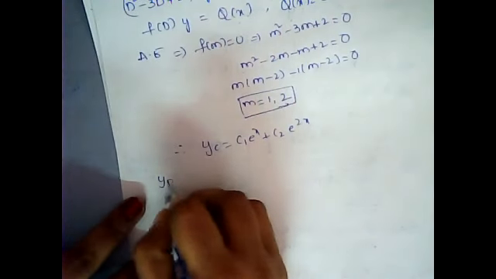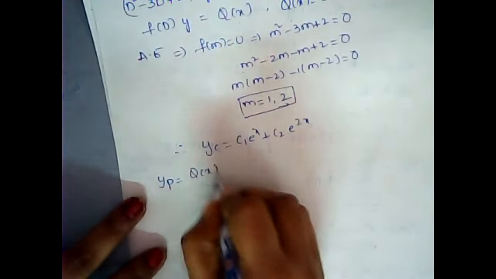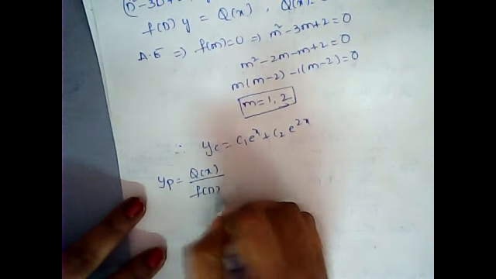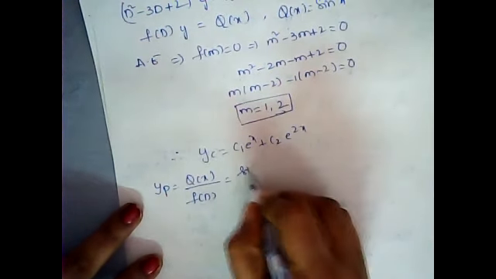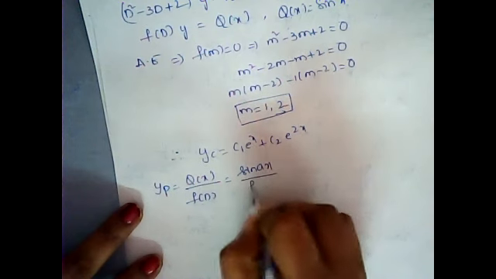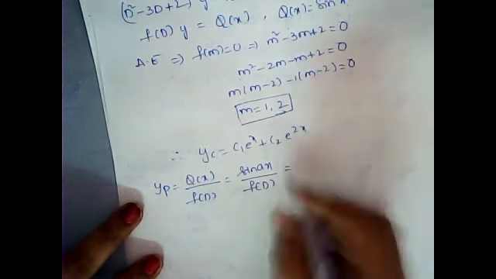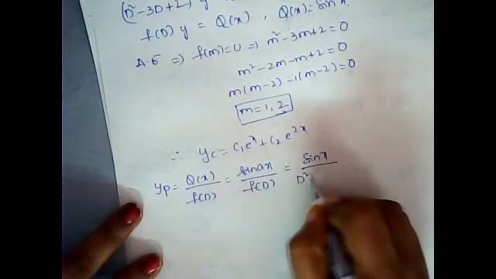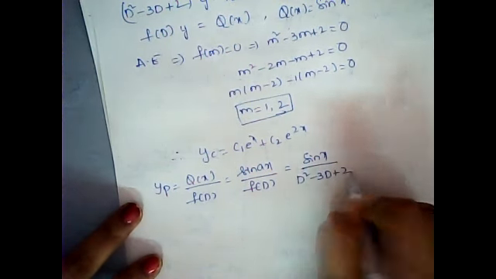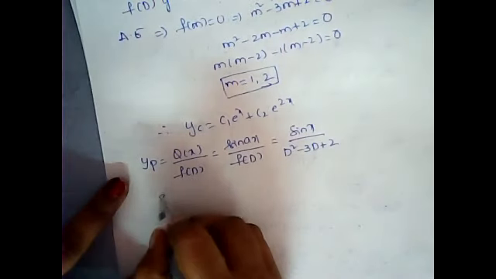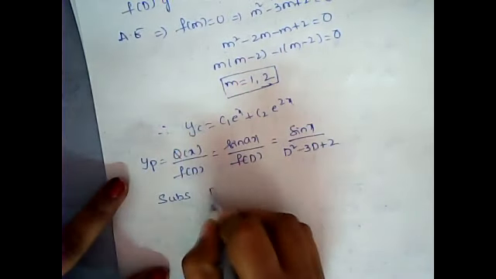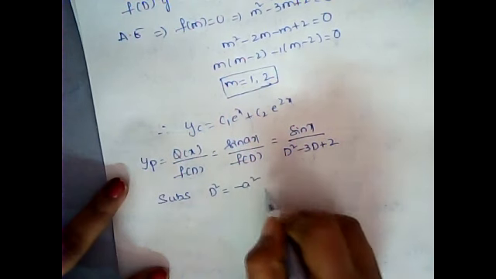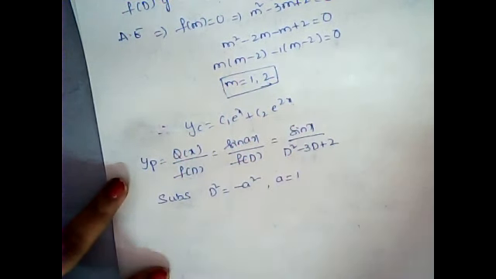Now how are you going to find yp? yp will be taken as Q of x by f(D). What is Q of x? It is given here in the form of sine ax, which is nothing but sine x, divided by f(D), which is D squared minus 3D plus 2. What we need to do is substitute D squared equals minus a squared, where a equals 1 here.